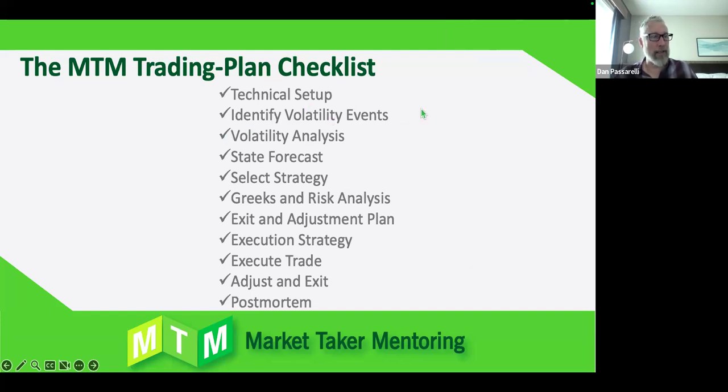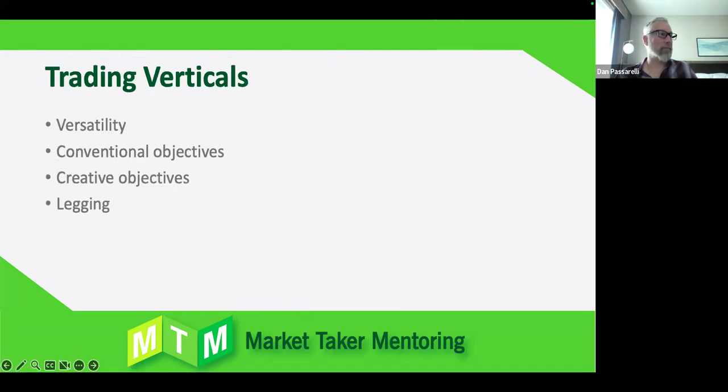Technical setup, identify volatility events, and volatility analysis, in order to create a holistic forecast, which enables me to select the optimal strategy specific to the strikes and the expiration. I analyze my Greeks and risk, come up with my exit and adjustment plan. I execute the strategy, or I figure out my execution strategy, execute the trade, adjust and exit, and do a post-mortem so I learn from my successes and mistakes.